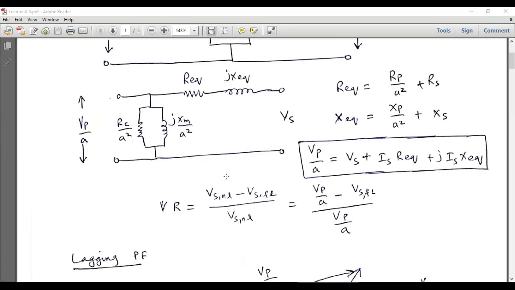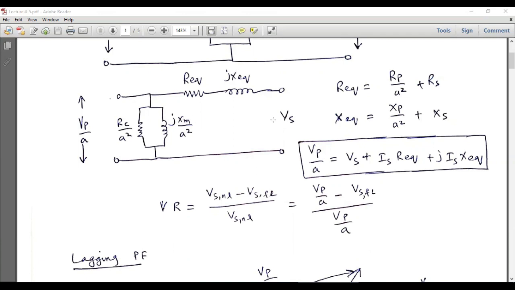We also have defined the voltage regulation of a transformer, which is actually the relative difference of the secondary voltage at no load and the secondary voltage at full load. It will be divided by the secondary voltage at no load, and we can multiply this by 100 to calculate the percentage.